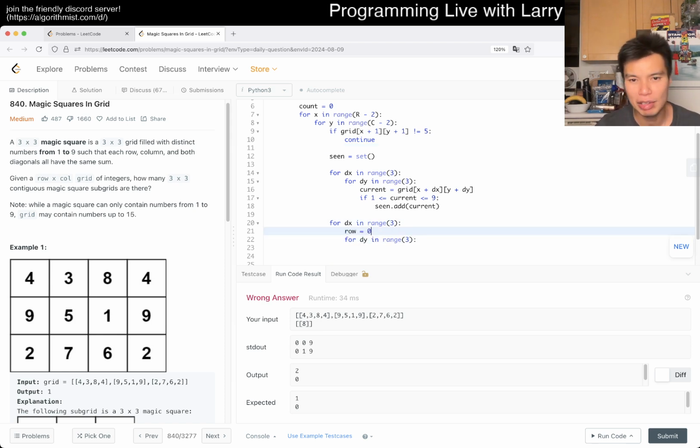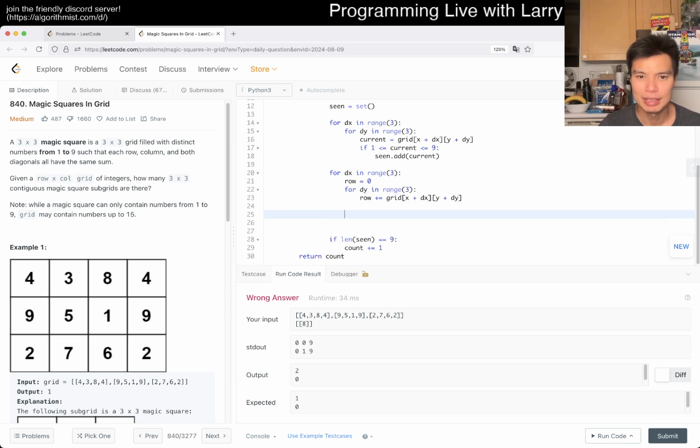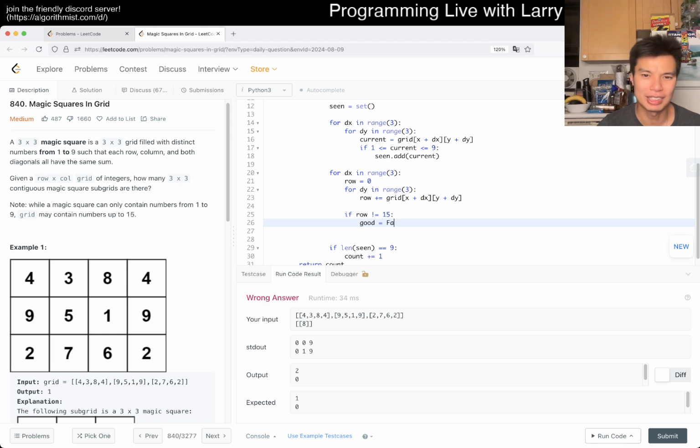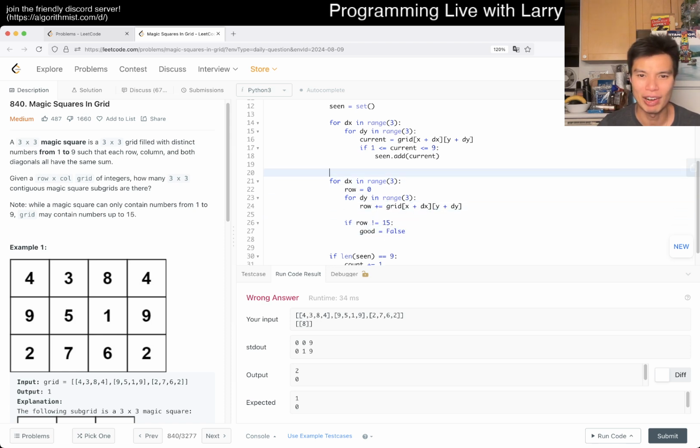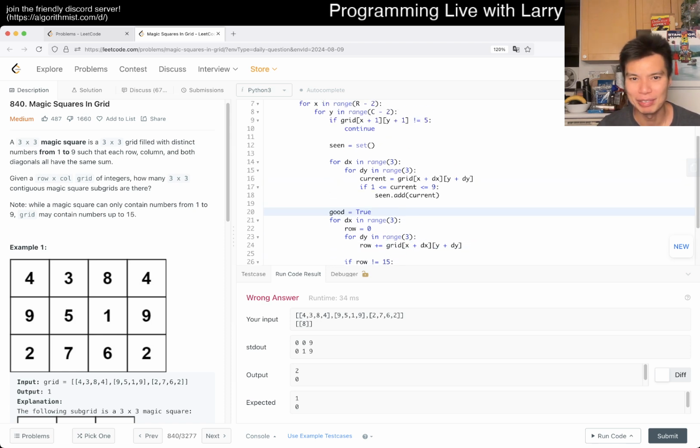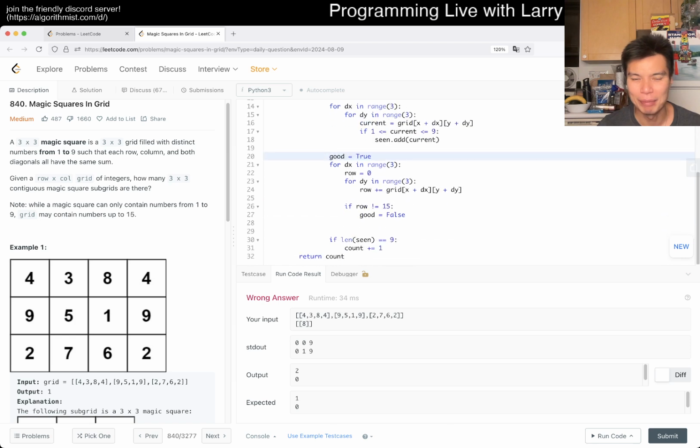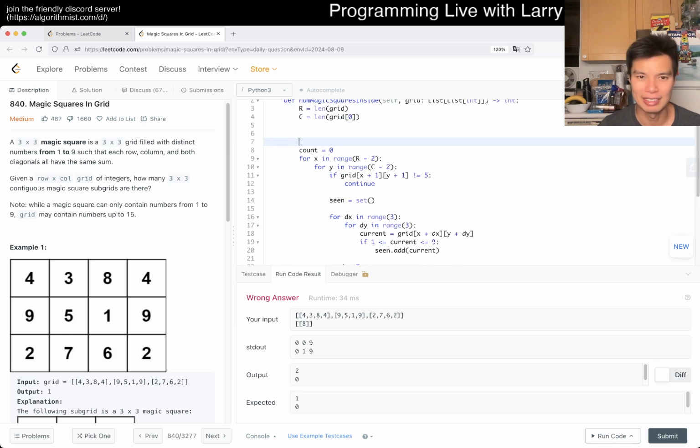Row is equal to 0, row is equal to grid x plus dx, y plus dy. If row is not equal to 15, then good is equal to false, something like this, right? Maybe this is very awkward. I think the cleaner way of doing it is, of course, having a helper function. So maybe let's do that.